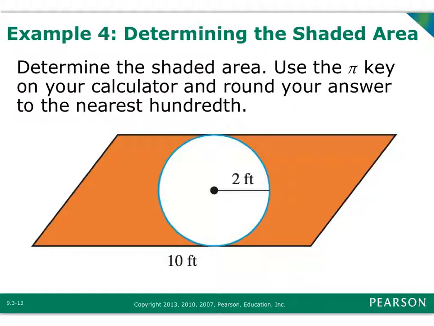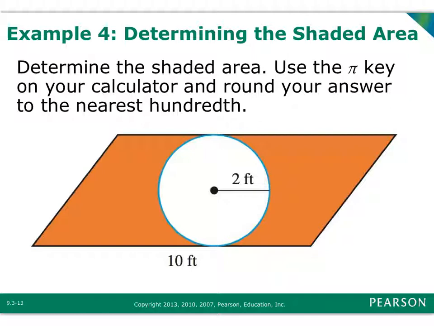Now we're going to make use of this idea of area. In example 4, we're going to determine the area of the shaded part. To determine the shaded area, use the pi key on your calculator and round your answer to the nearest hundredth. In this case, we have a radius of 2 feet for the circle that is inscribed in a parallelogram, which has a base of 10 feet.